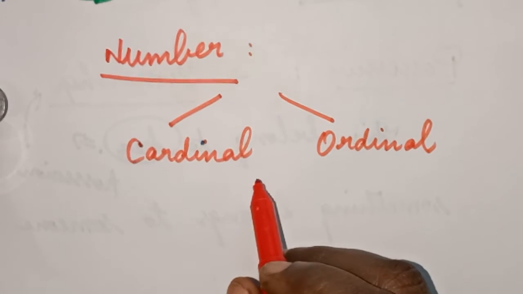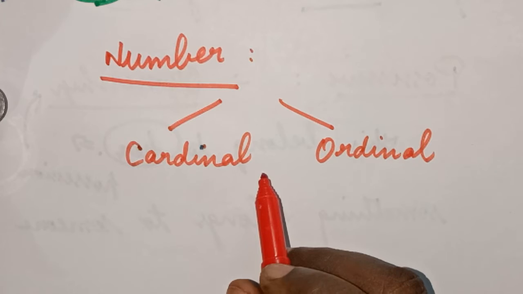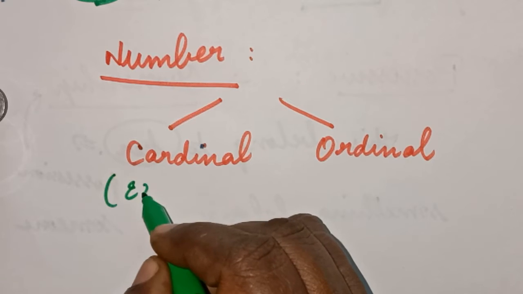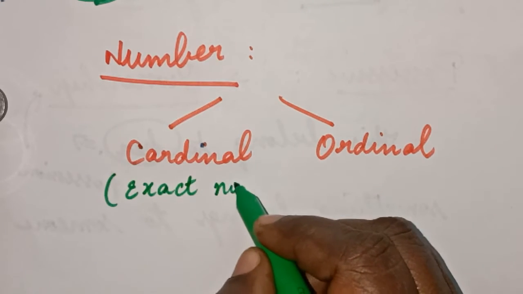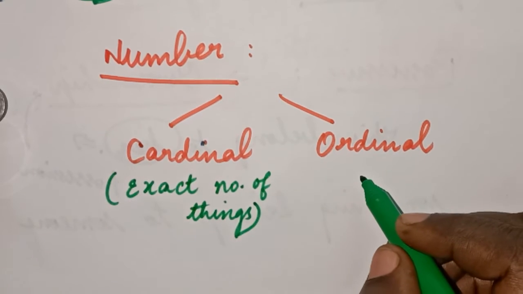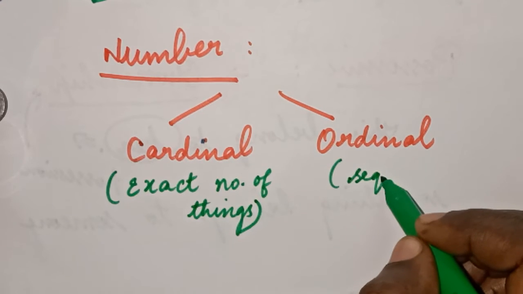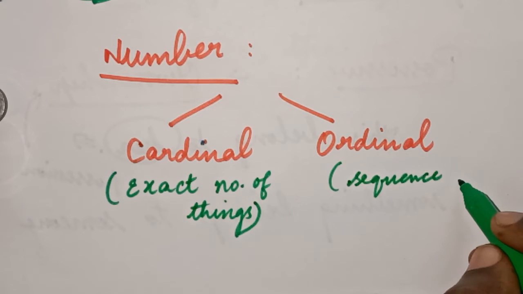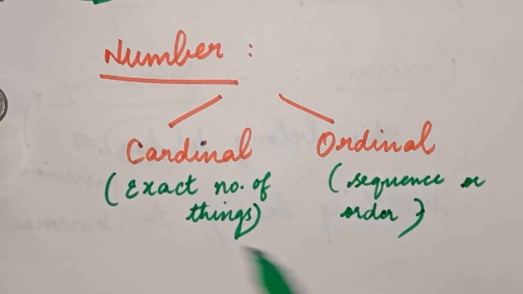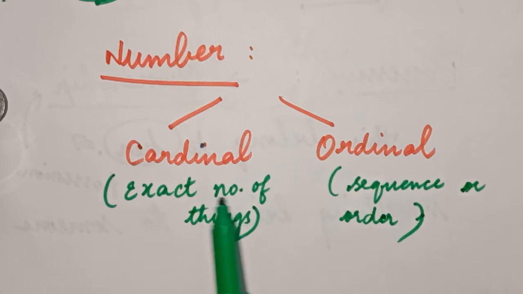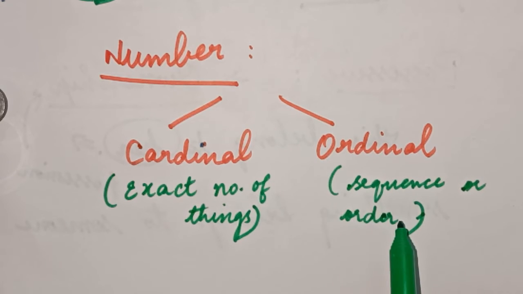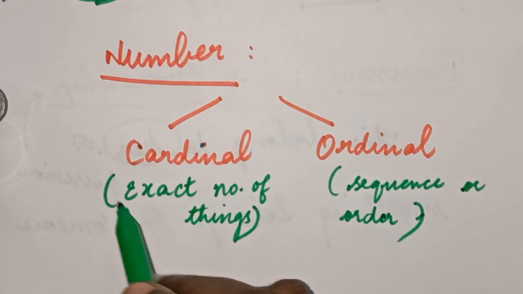Cardinal numbers give the exact number of things or persons, and ordinal numbers give the sequence or order of something. Understood? What is this exact number?